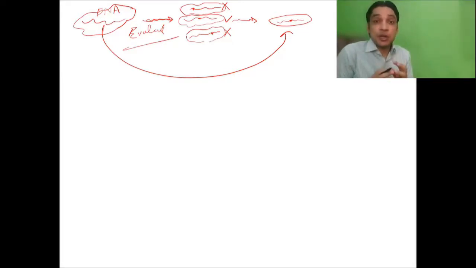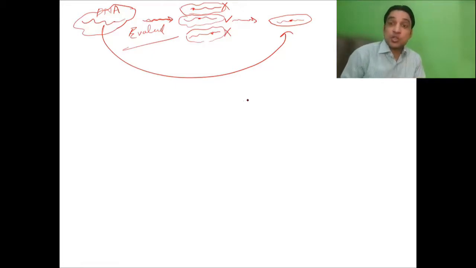Remember, having a mutation in the genetic material is a random phenomenon, and it depends on probability. There is no law or principle which defines how many mutations there will be, how many of them will be favorable, and how many will not be favorable.